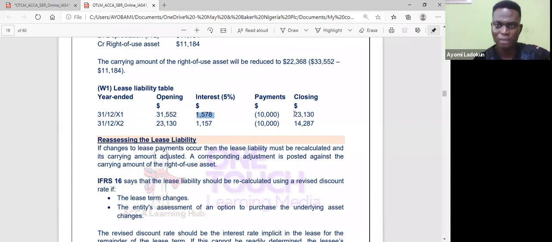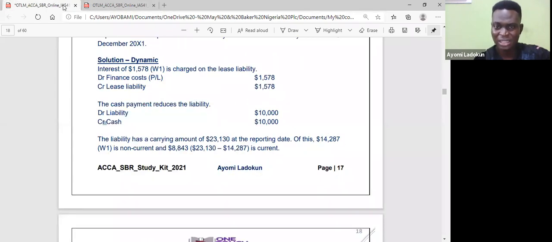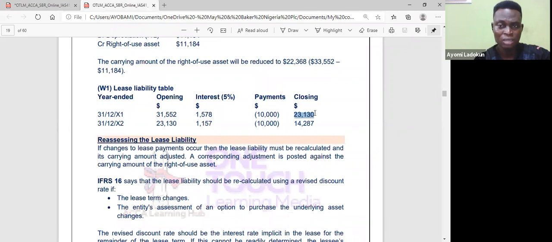Now listen to me here. The liability has a carrying amount of 23,130. Listen, this is my liability. At the end of year 1, it has a carrying amount of 23,130. Can you see that? Now, out of this liability, I need to classify it into 2 in line with IAS 1.